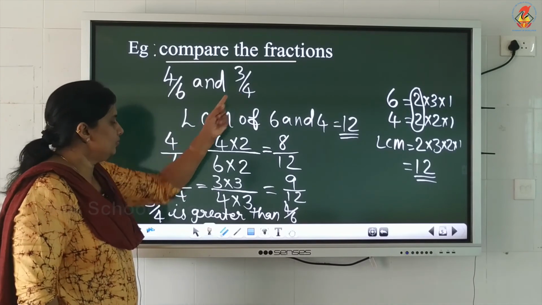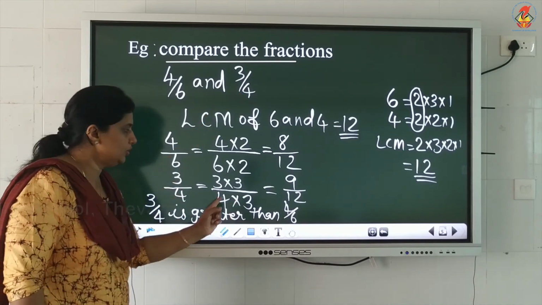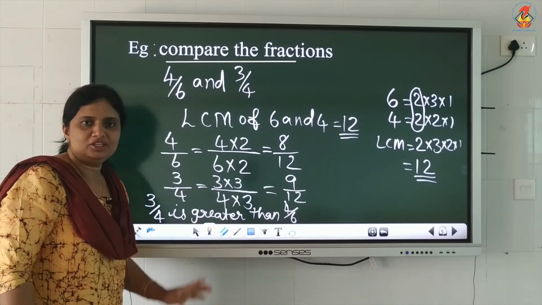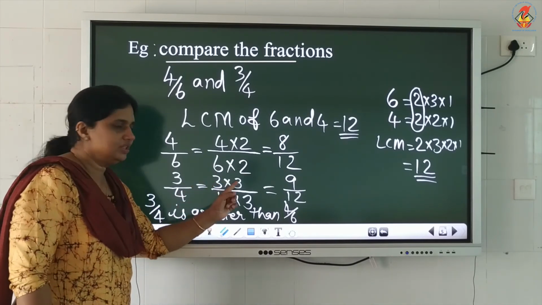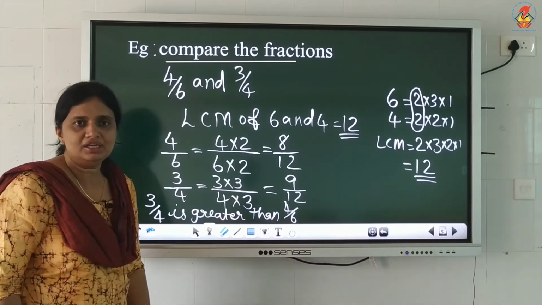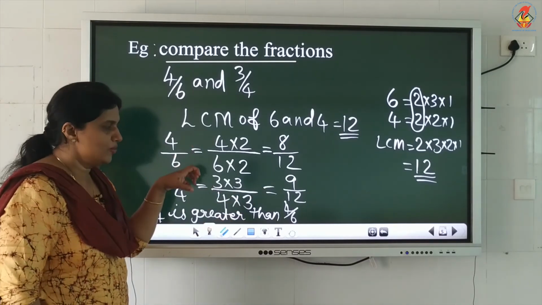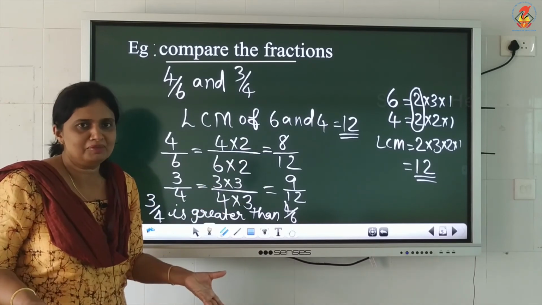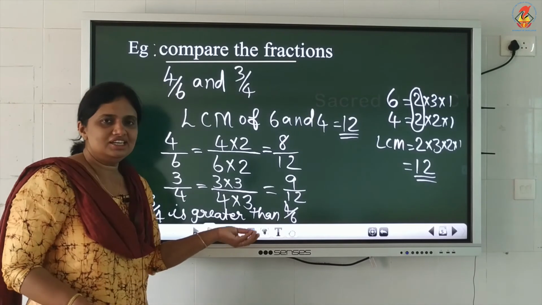And 4 into which number equals 12? 4 into 3 equals 12. I need to multiply the same number in the numerator also. 3 into 3, and the answer is what? 9 by 12. After that I know, I got two like fractions. That is easy for me, right? And which one is greater?